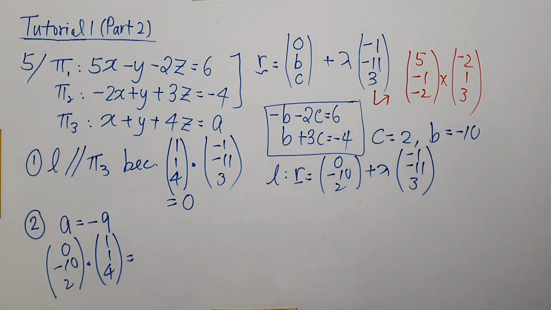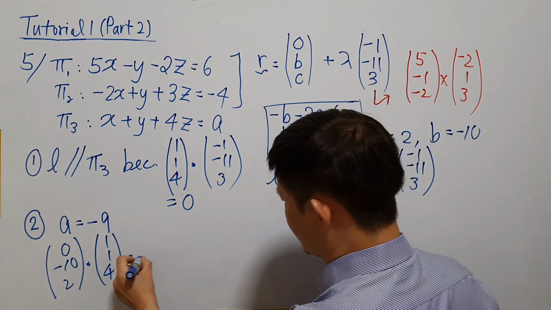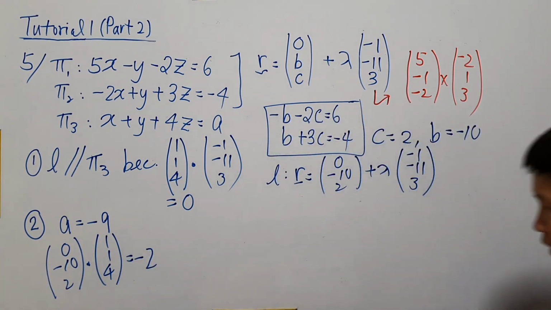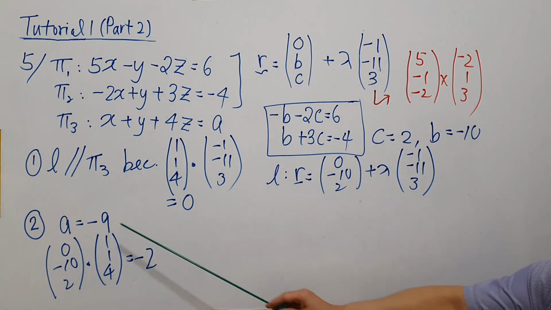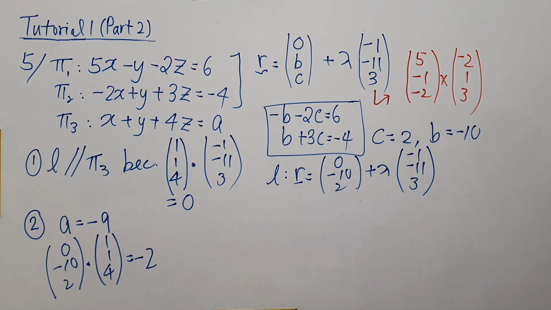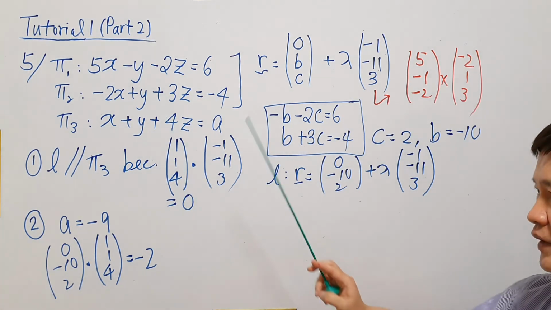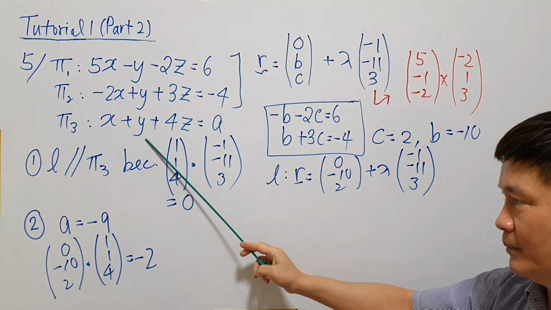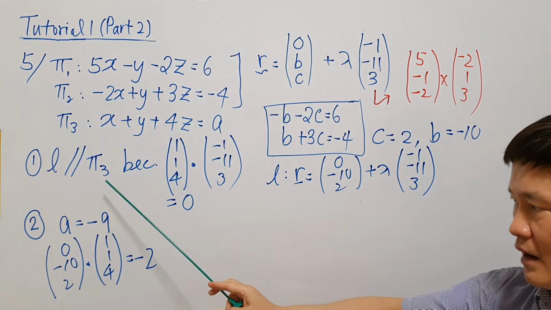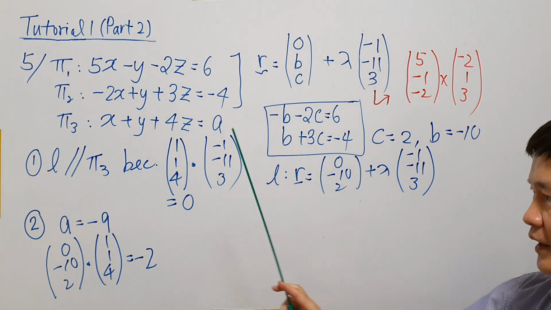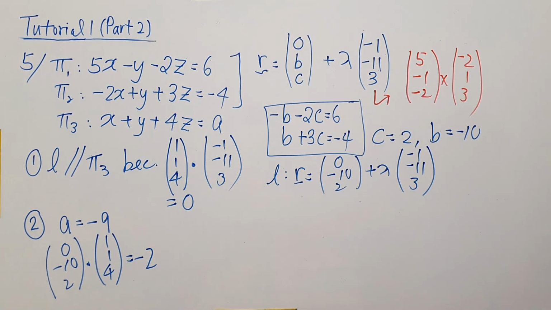Let me check it. If I dot product these two, I get minus 10 plus 2, which is minus 2. And this minus 2 is not equal to minus 9. So therefore, if a were to be minus 9, then I know that this line does not lie on the plane pi 3, because this line firstly is parallel, and this point on the line doesn't lie on plane pi 3.